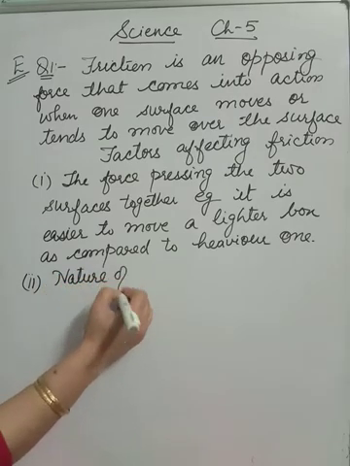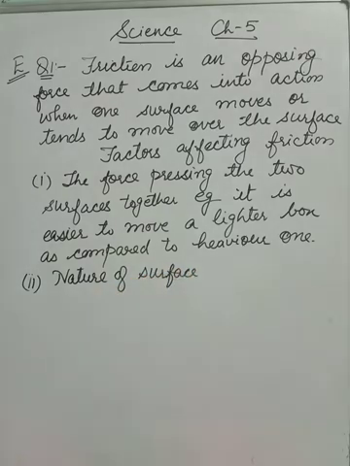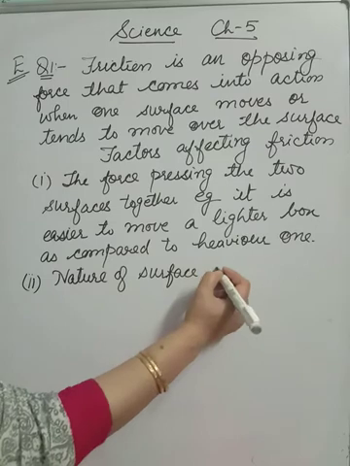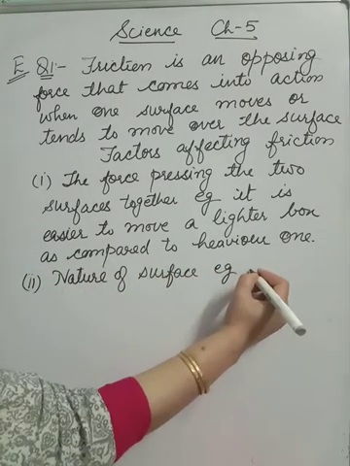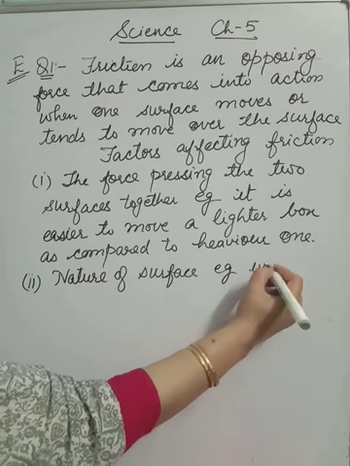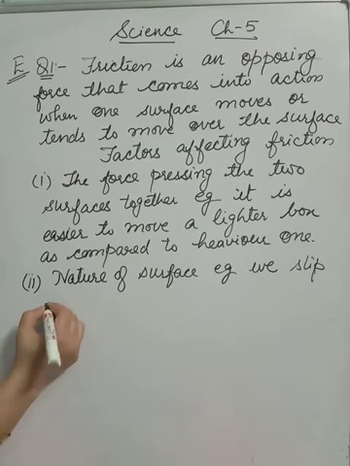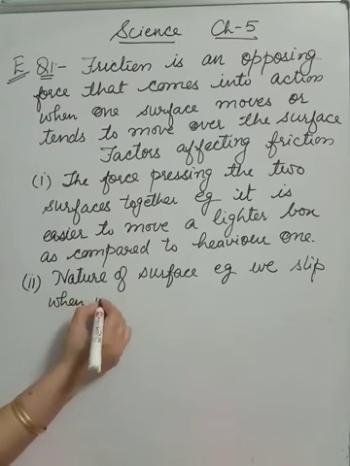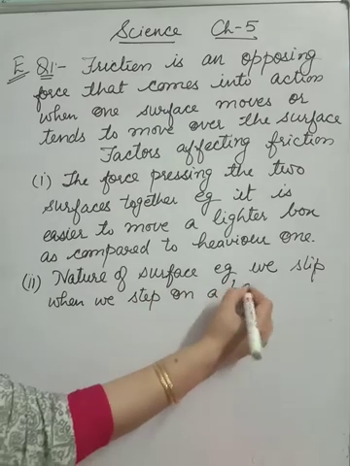And the second factor is nature of the surfaces. If the surface is smooth, then friction will be less, and if the surface is rough, the friction will be more. For this we can write an example. For example, we slip when we step on a banana peel.